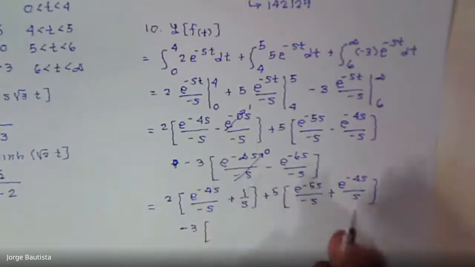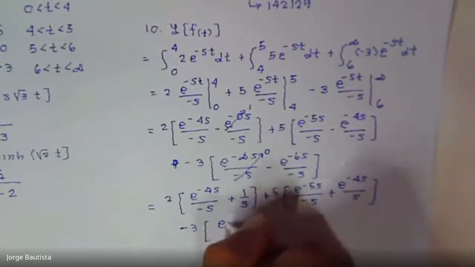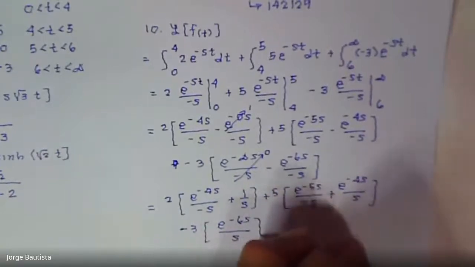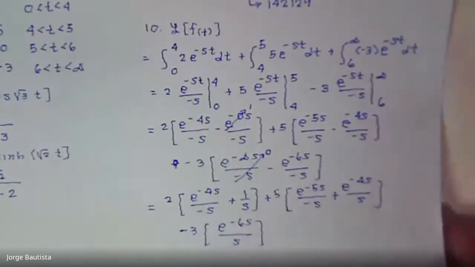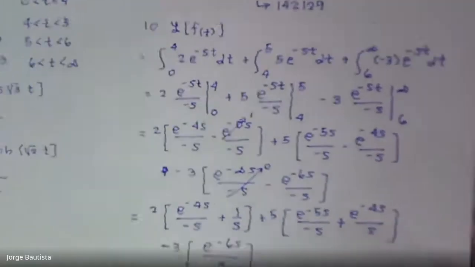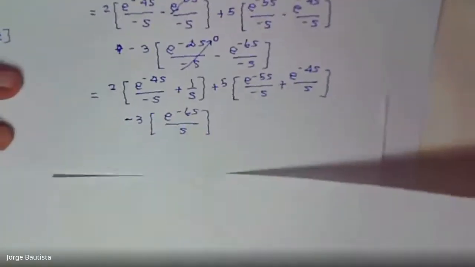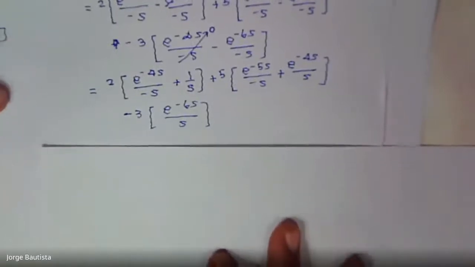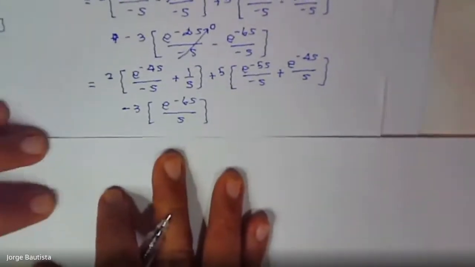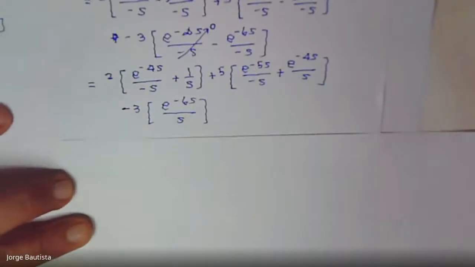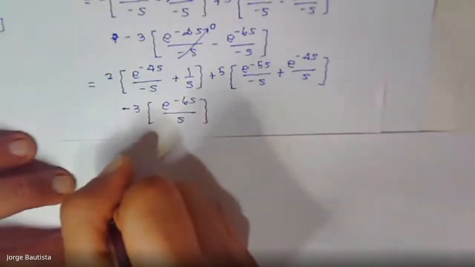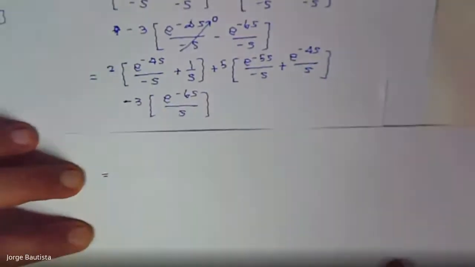Ito 0, magiging plus na yan. So, e raised to negative 6s all over s. Okay? Oh. So, pagkatapos yan, distribute mo yung 2, 5, at saka yung 3 dun sa respective multiplier nila, no? Okay? O, tingnan natin. So, that is equal to.